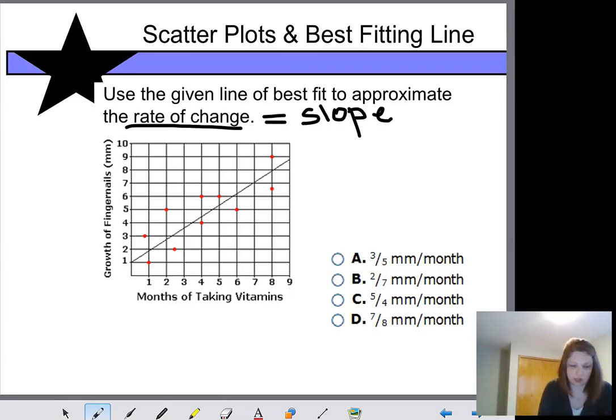So what I mean by this, if you look at the beginning of the line, it starts exactly at 1. So now I want you to look through the whole line over here and see where we can find the best intersecting point. Okay, so the best intersecting point, second point on the graph.